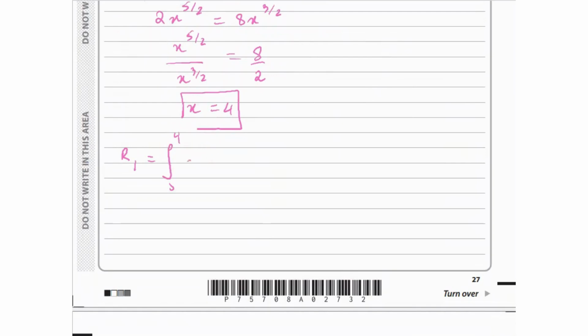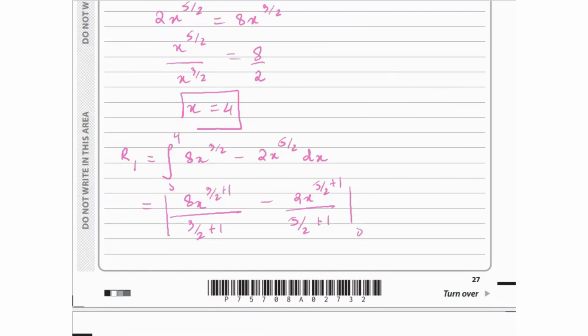So it's the integral of 8x to the power of 3 over 2 minus 2x to the power of 5 over 2 dx. Add 1 to the power, divide the term by the new power. So 8x to the power of 3 over 2 plus 1 divided by 3 over 2 plus 1, minus 2x to the power of 5 over 2 plus 1 over 5 over 2 plus 1.